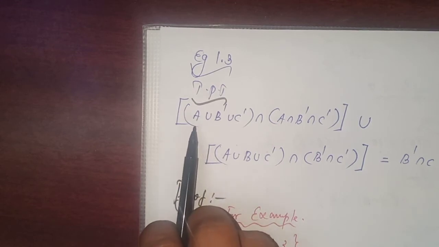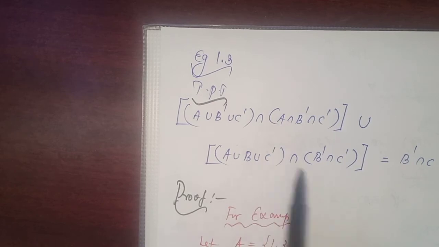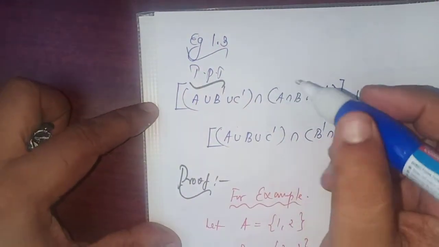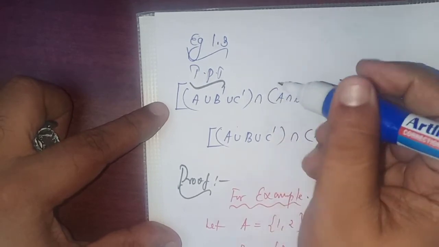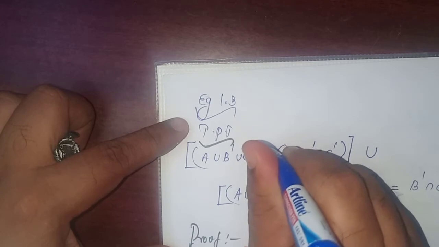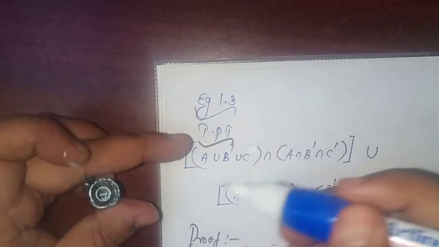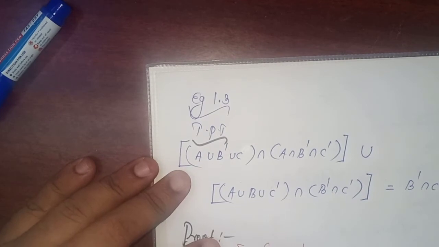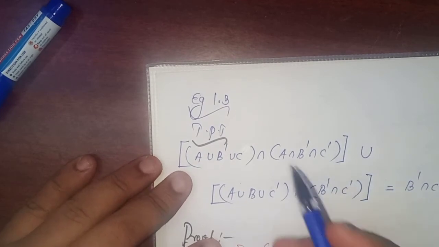Here A, here also A. In the question I have written C dash, that is not C dash, C only. Change it. Here B dash, this is B dash.